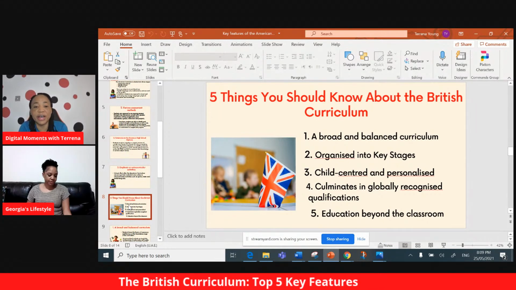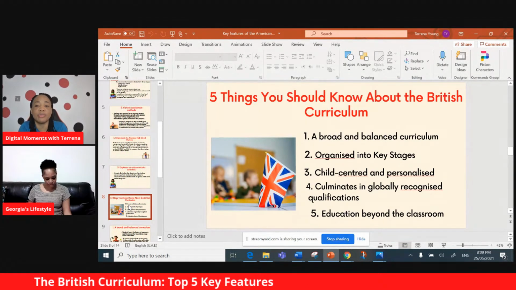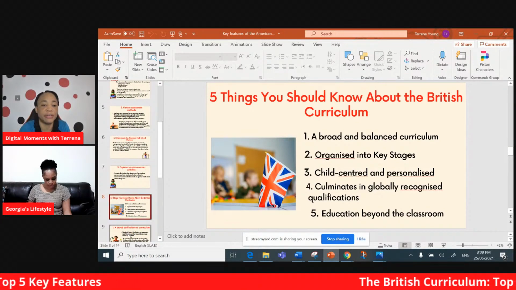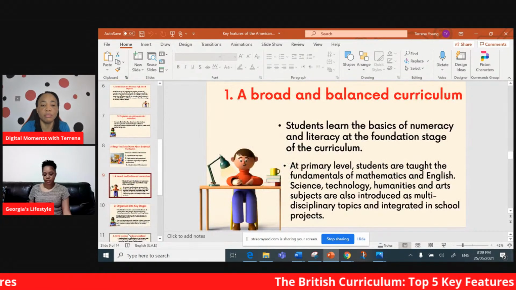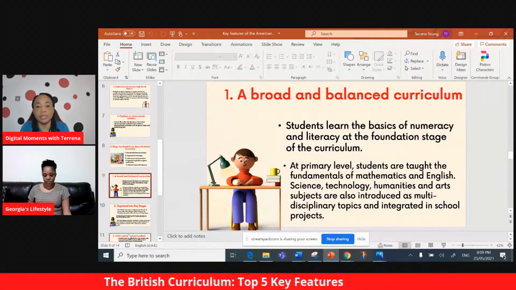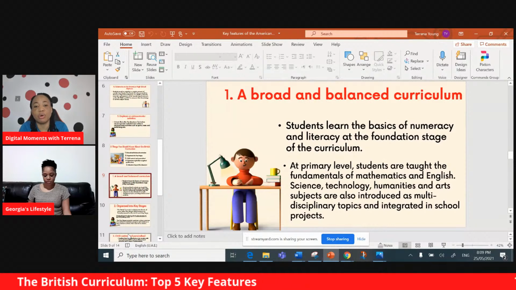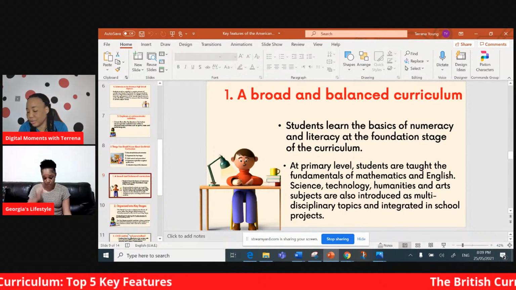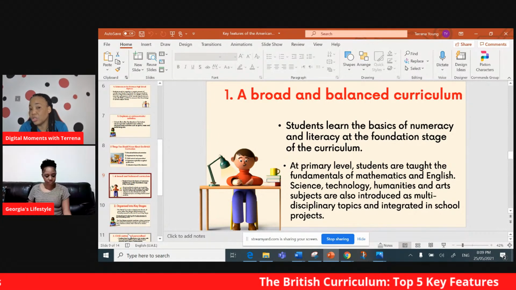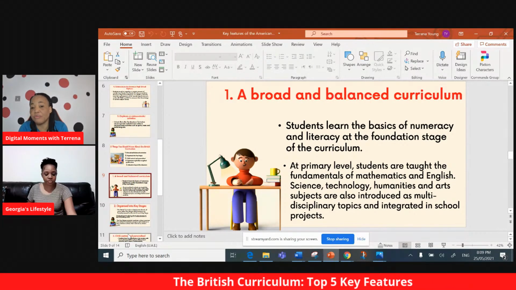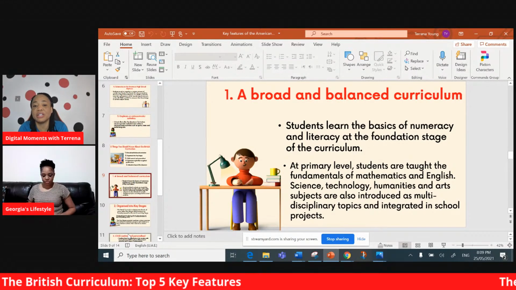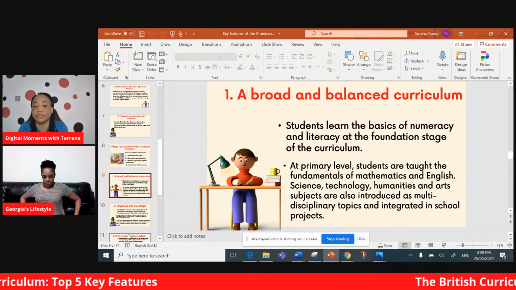Okay, so we are now looking at 5 things you should know about the British curriculum. Number one, it's broad and balanced. Students learn the basics of numeracy and literacy at the foundation stage of the curriculum.